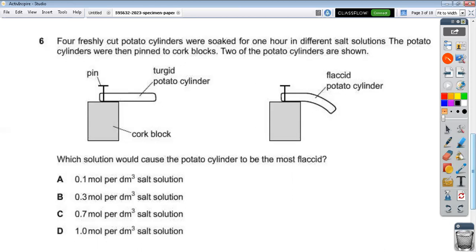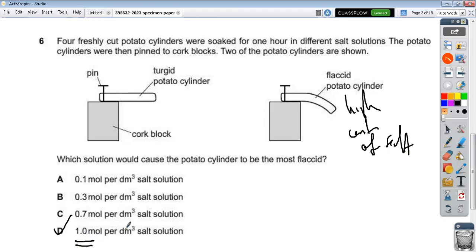Would it be A? To be flaccid, it must have a higher concentration of what? Of salt solution. Is it D? D has got the highest salt concentration.